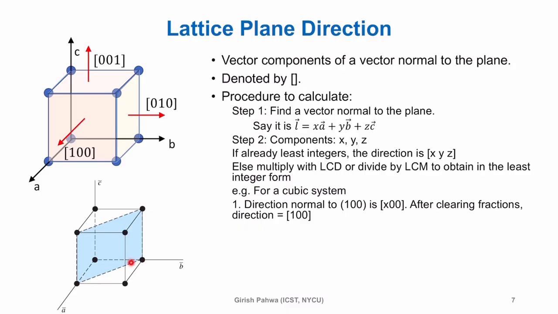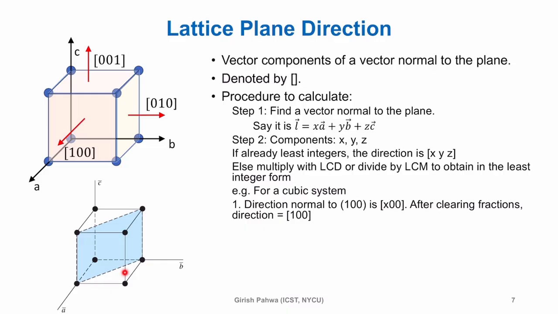So some x, y, 0, right? But we need to take it perpendicular to this, so x and y must be equal. Otherwise it will take an angle. If x and y are not equal, it can go here or it can go here, but because it is perfectly symmetric, if I want to go exactly perpendicular to this, x and y must be equal.